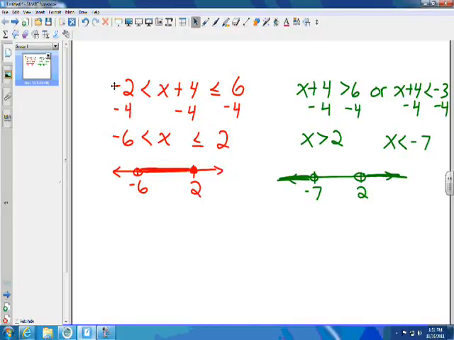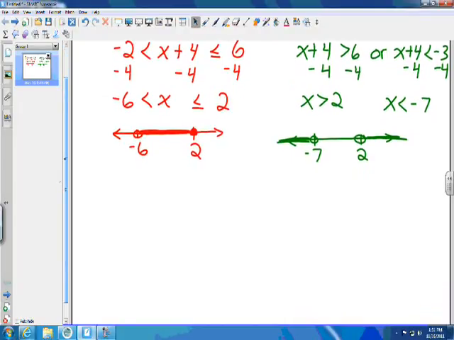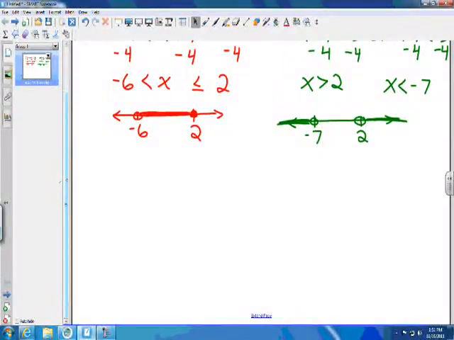Then last section, we went on to compound, or absolute value. And all we've done so far is the equations. Absolute value, 2x plus 3 equals 6, for instance. So what did we have to do on all of these problems?